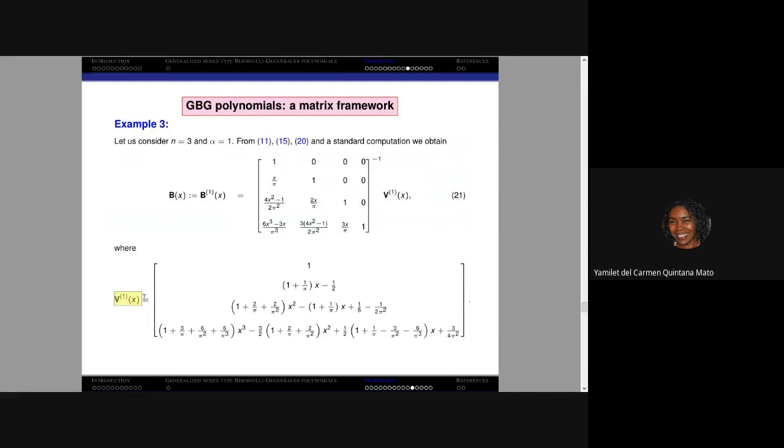So we can find an inversion matrix formula.